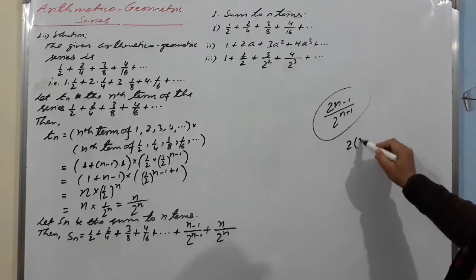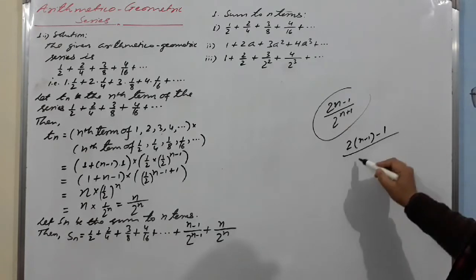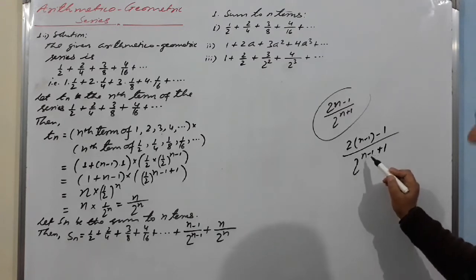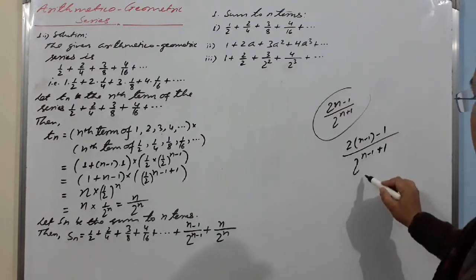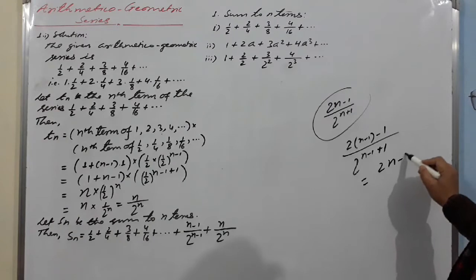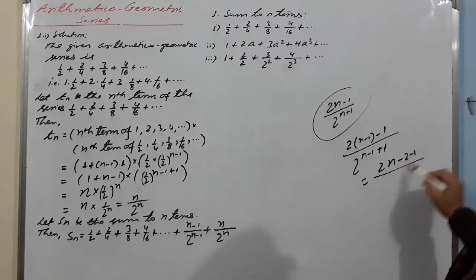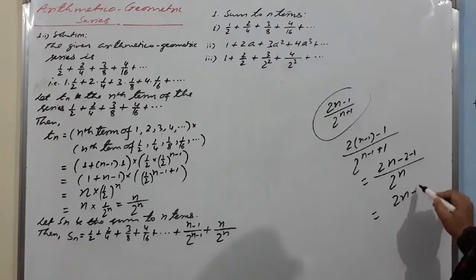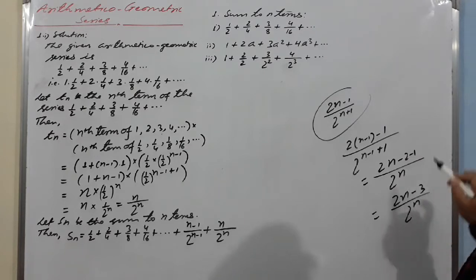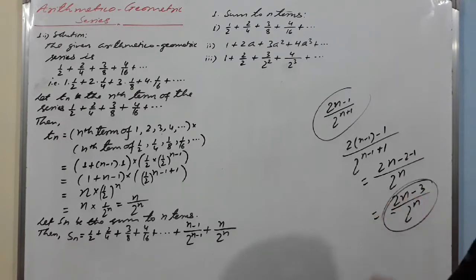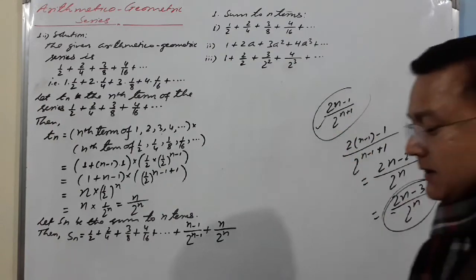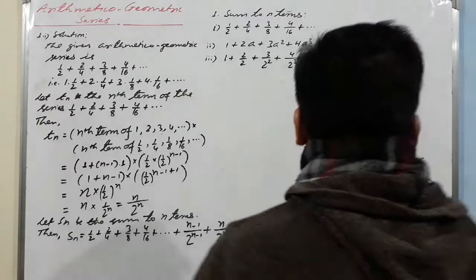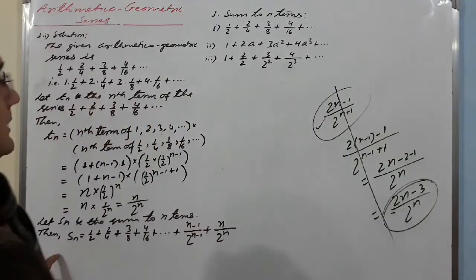So 2 times n minus 1, minus 1, and 2 raised to n minus 1 plus 1. I have just replaced n by n minus 1, and you are going to get here 2n minus 2 minus 1 over 2 raised to n. So finally you can say 2n minus 3 over 2 raised to power n. So this will be your second last term if we have this one as the last term. Okay, all right. So let's move here.